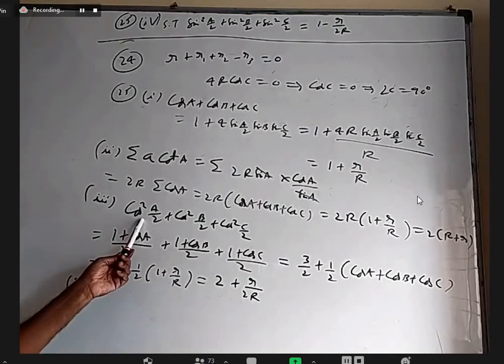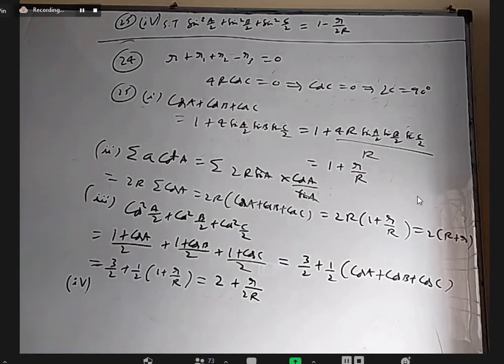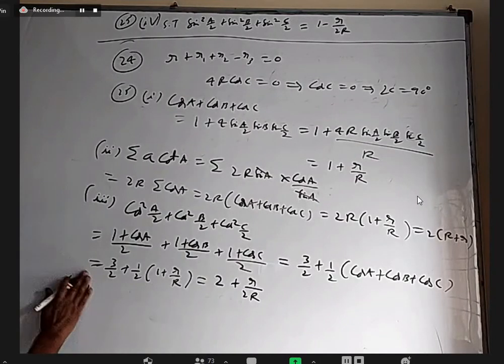Here we wrote cos square A by 2 as 1 plus cos A by 2. Like that, can we do something there? Okay, 1 minus cos A by 2, as you sent in the chat. Okay, fine.